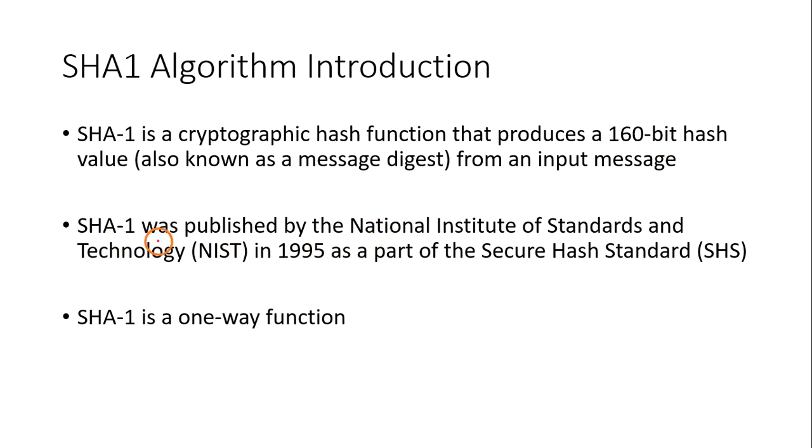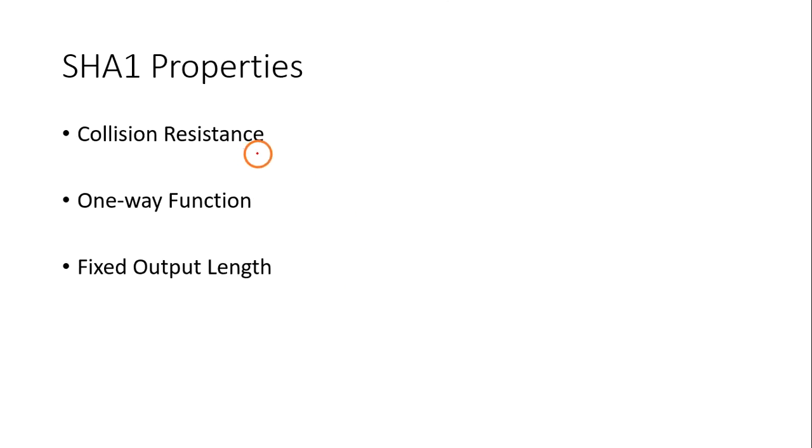SHA1 was published by NIST in 1995 as a part of the secure hash standard, and SHA1 is a one-way function. I will tell you what is meant by one-way function. The different properties of SHA1 are: the first one is collision resistance. This is with respect to the security of a hash algorithm. All the popular hash functions have the collision resistance property.